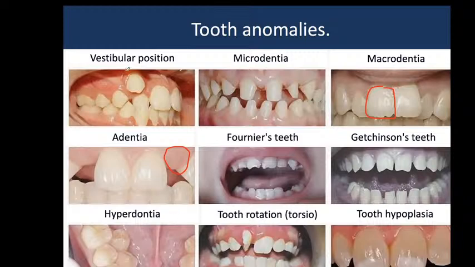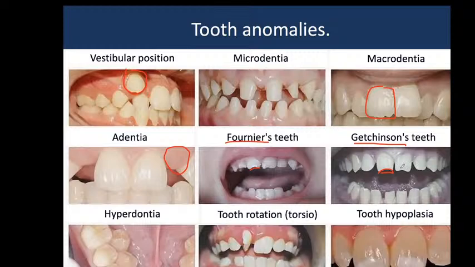Sometimes it is a lateral position or vestibular position. Sometimes the shape of the crown is that of Fournier teeth. It is a special private name, Fournier teeth, as well as Hutchinson teeth. They look almost the same, but it is a defect of the crown. And usually people who have Lues, that is some kind of disease, we call it syphilis or Lues.